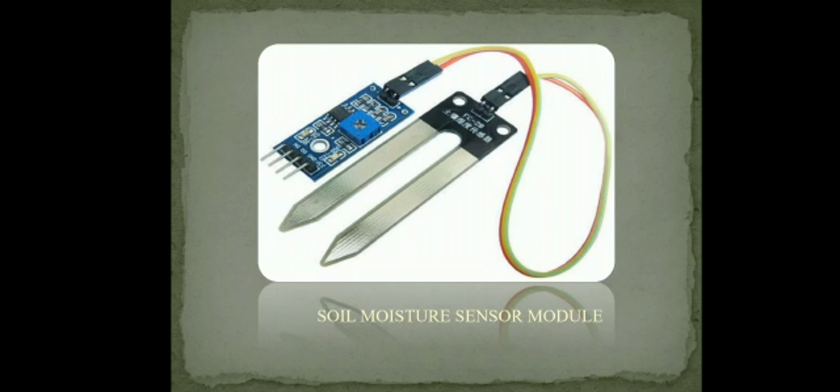It is used to check whether the water content in the soil is high or low. In this sensor, if water content is present in the soil, the resistance of the sensor decreases and current flow increases. This change in current is measured using NodeMCU.